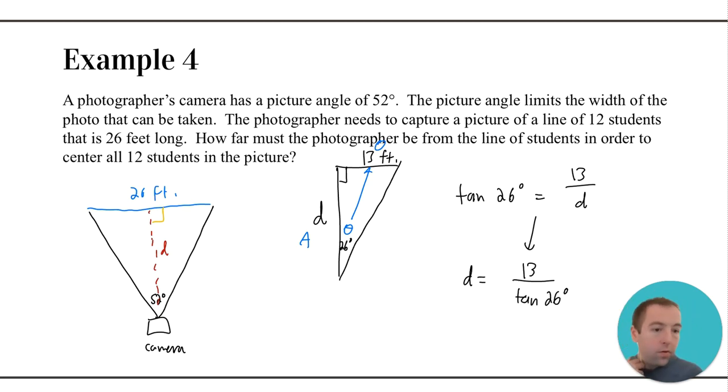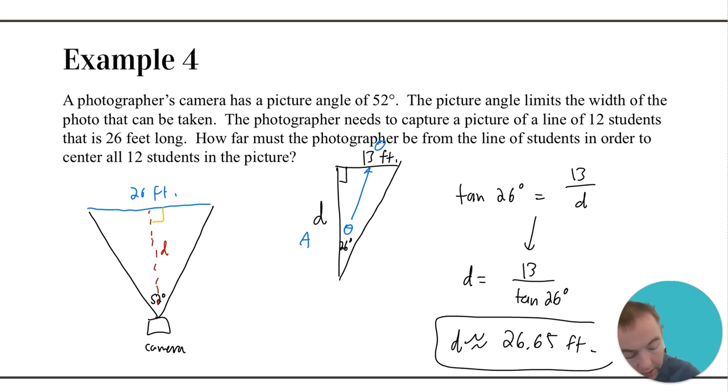If that's confusing for you, then go through the algebraic steps of that. We saw a very simple example of the solving of this earlier. And then you just enter that into your calculator. That should tell you what d should end up being. So the distance that the photographer would need to stand away from the center would have to be about 26.65 feet away from that line of students.